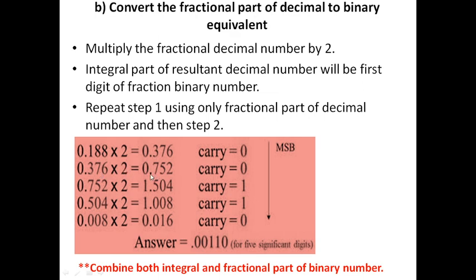You have got again 0.752. So again that 0 is removed, kept aside. Now take that 0.752 into 2. You will get the answer 1.504. Remove this 1 at the side. Take that 0.504 ahead, multiply it by 2, and keep on doing this until you get a 0.